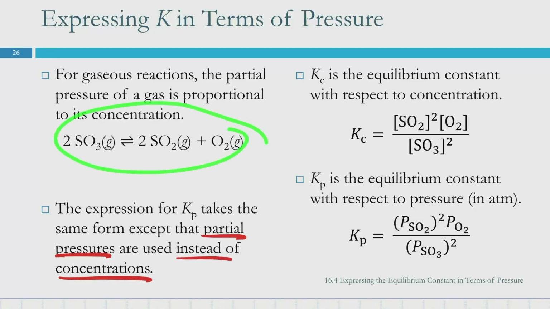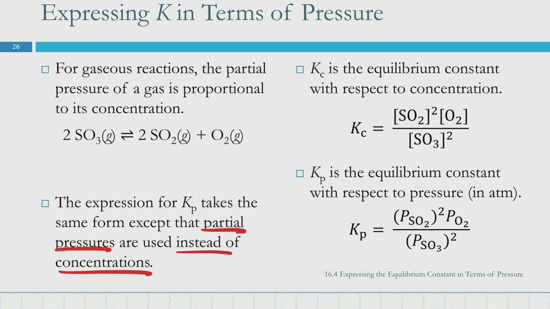So for the same reaction, our Kc, concentration of SO2 raised to the second power, instead of that we have partial pressure of SO2 raised to the second power. For concentration of O2, we've got PO2, and for concentration of SO3 squared, we've got partial pressure of SO3 squared. Kp is our equilibrium constant with respect to pressure.